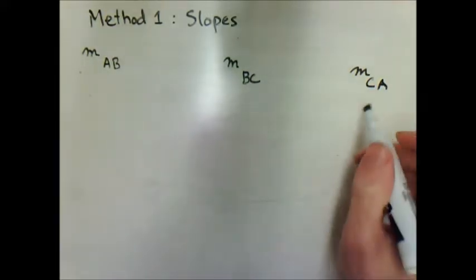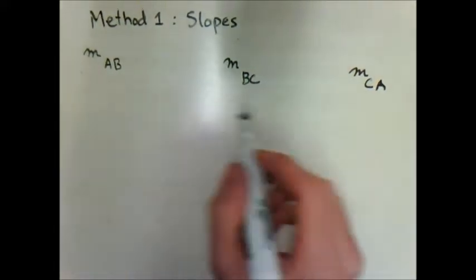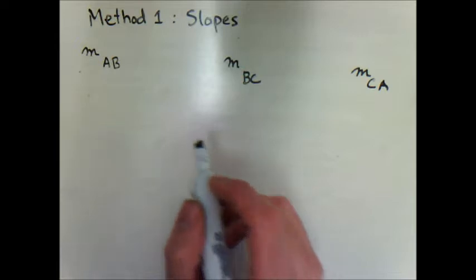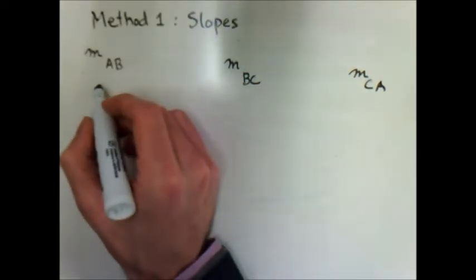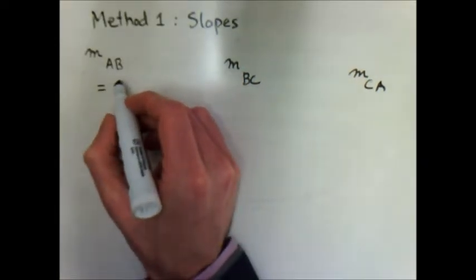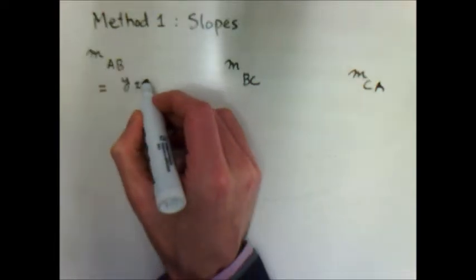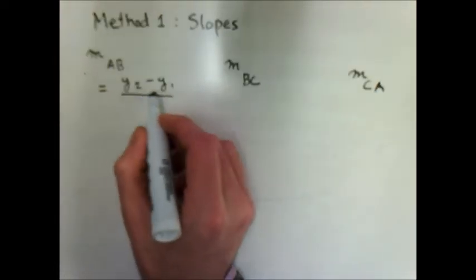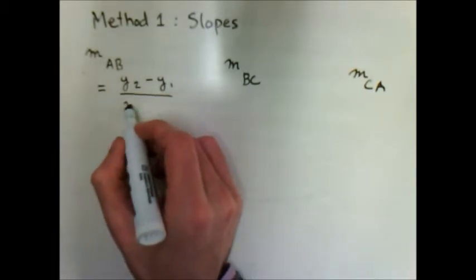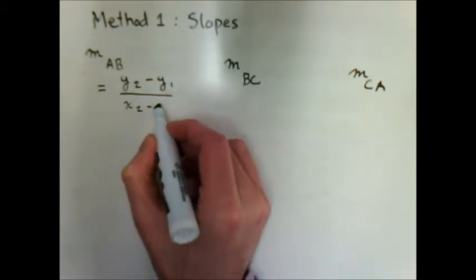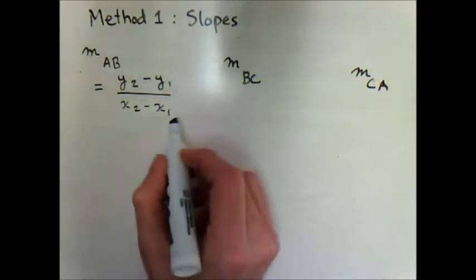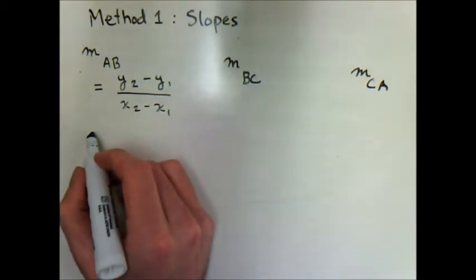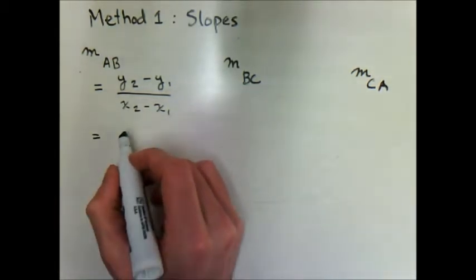And if any of those slopes are perpendicular, we know we're working with a right-angled triangle. So the slope of AB, slope formula is y2 minus y1, that's the change in y, the difference in y's, over top of the run, which is the difference in the x values. And we can sub in what we have here.